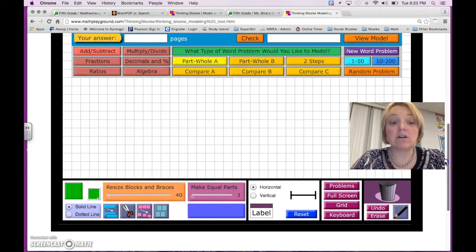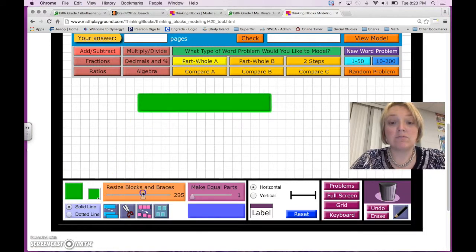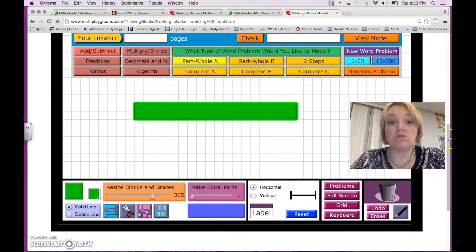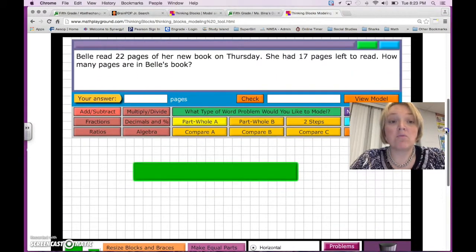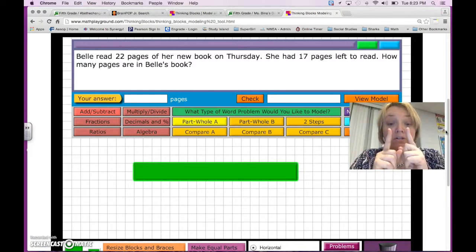So I always start here by clicking a thinking block and making it the whole. So resizing it to about here just so you can tell it's a little bit longer. Now I have to determine whether the word problem gives me the whole or the part. In this case, Belle read 22 pages of her new book. Well, that's only part of her book. And she read that on Thursday.